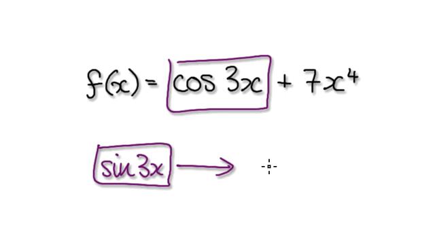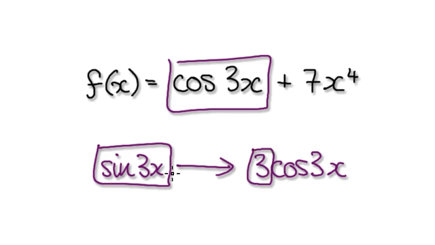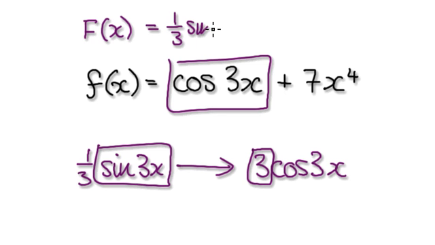When you differentiate sine 3x, you would get 3 cos 3x here, but we want the coefficient to be 1, so adjust it to a third. So this here would be capital F of x equals a third sine 3x.